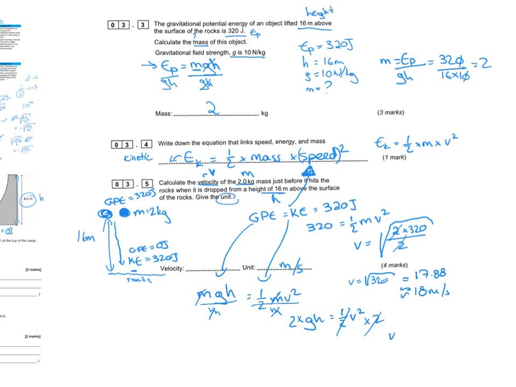So I have V squared is equal to 2GH, and hence V is the square root of 2GH. And then you just put the values in, which is square root of 2 times 10 times the distance, which was 16 meters. So there you go. 2 times 10 is 20, 20 times 16 is 320. So you still get to the same answer, whichever way you prefer to do it.